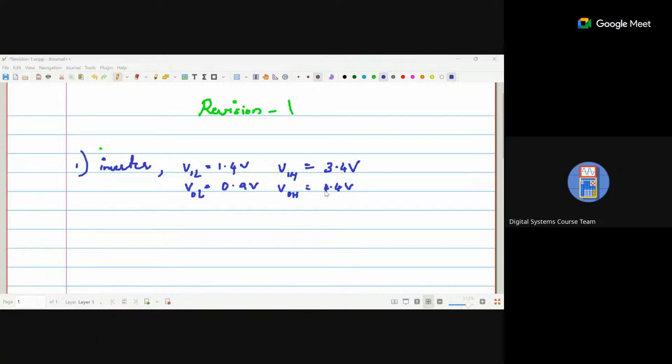Okay, so now for this question you have to find noise margin low, that is NML. So how will you solve it?